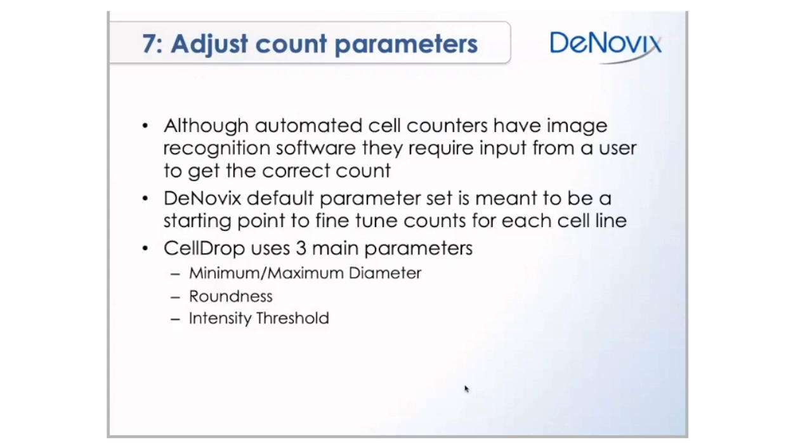We'll get into a little bit more detail about exactly what that means, but that's kind of a score of how good of a cell an object is. And intensity threshold. So that's for live dead counts. How dark does something need to be stained to be counted as a trypan cell, or how brightly does it need to be stained to get counted as a fluorescence cell?